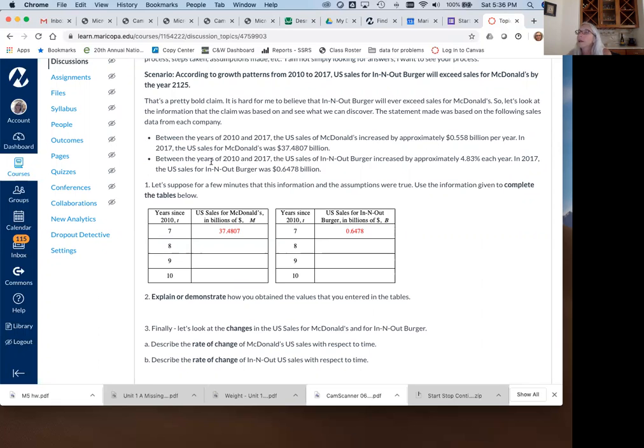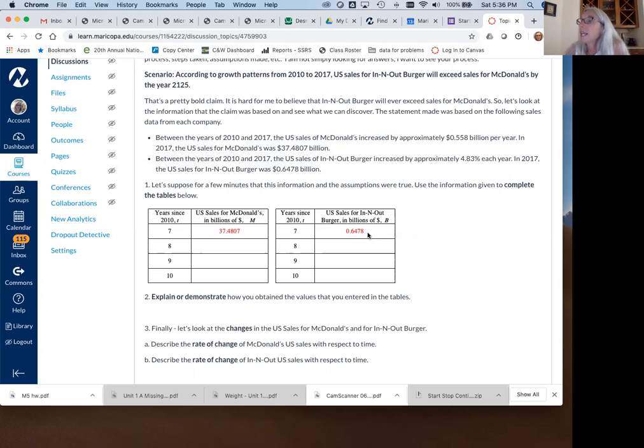We find out that between 2010 and 2017, the US sales of In-N-Out Burger increased by approximately 4.83% each year. And we know that in 2017, In-N-Out Burger had $0.6478 billion in sales.